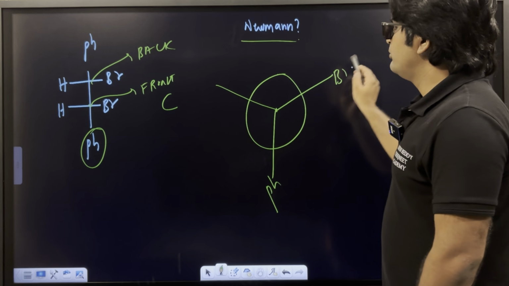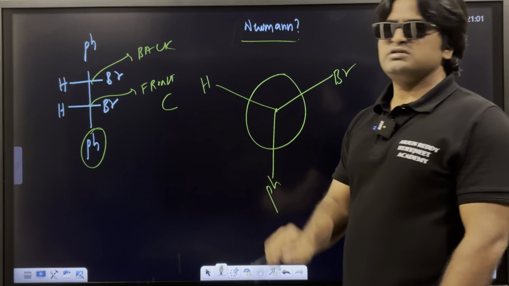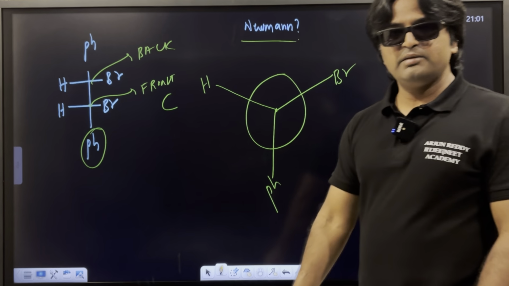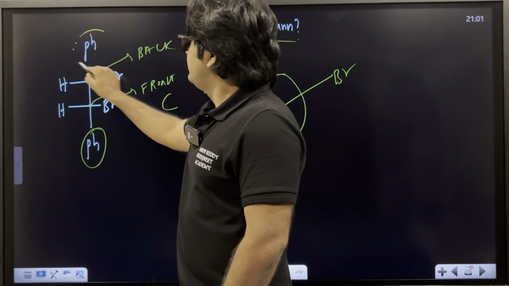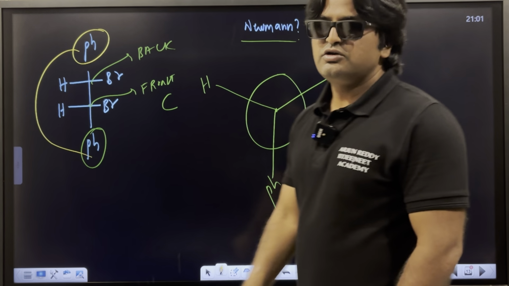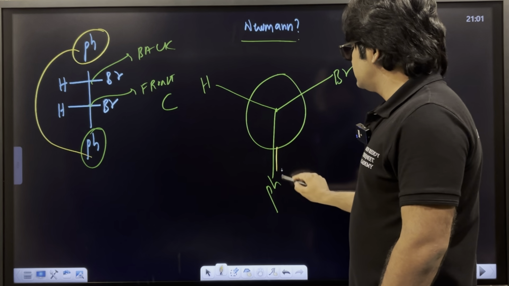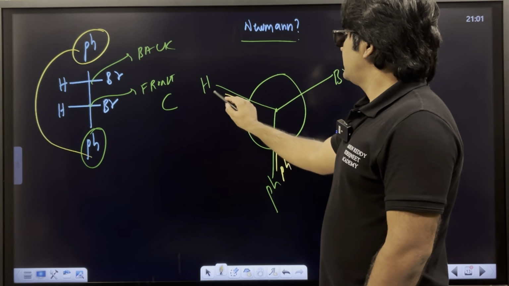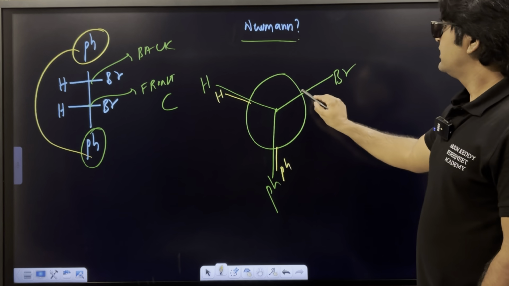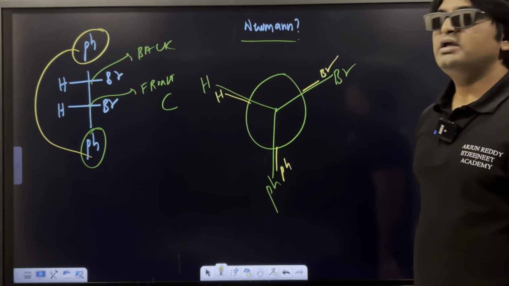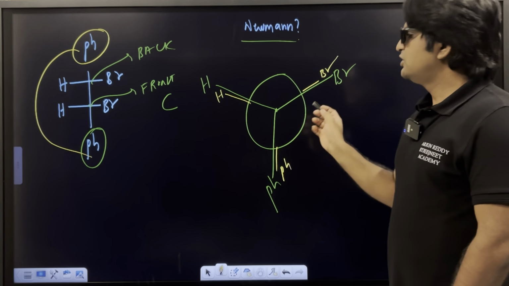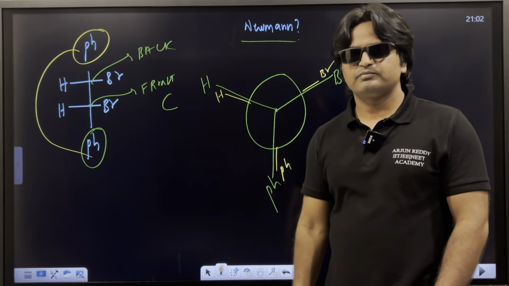Right side bromine, left side hydrogen. Clear. After that, how to arrange at the back carbon atom? What is the angle between phenyl and phenyl? 0 degrees. Here also you write like this. Phenyl and phenyl eclipsing. Next one, here hydrogen and hydrogen eclipsing. Next one, bromine and bromine eclipsing. That is the way of converting Fisher to Newman. Okay, clear.